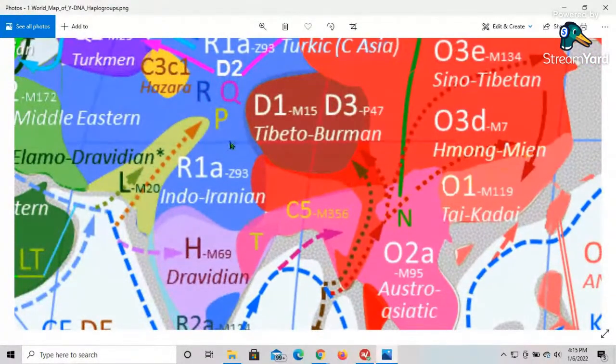So besides that, the P here, the P is the only one which would not be identified as anybody, but you could basically say P would be Japheth.